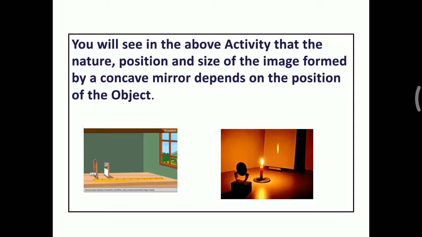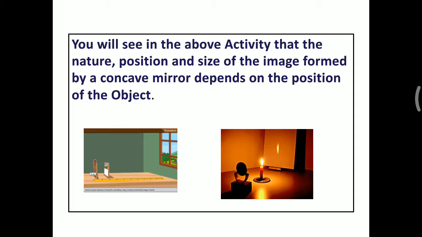Look at these two diagrams. In the first diagram, the screen is placed between the object and the mirror. In the second diagram, the screen is placed behind the object. In the first diagram, the object is at infinity. In the second diagram, the object is near to the concave mirror.